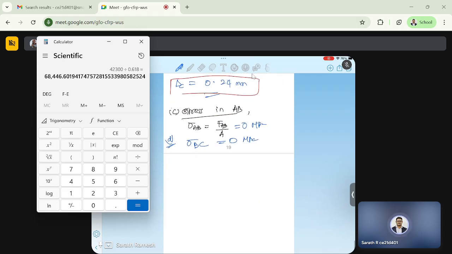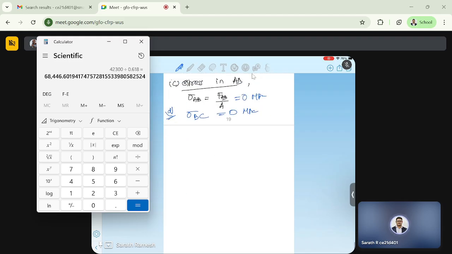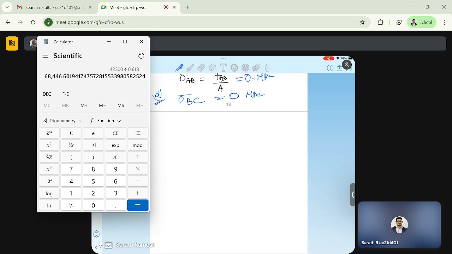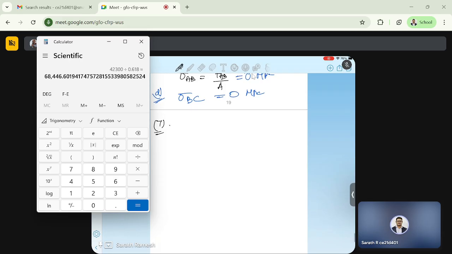Okay. Finally, let's finish it off with the final problem for the day. Problem number 7. So everything is coming here, like the gap as well as the temperature. So there is the same stepped shaft. There's a gap here, delta.